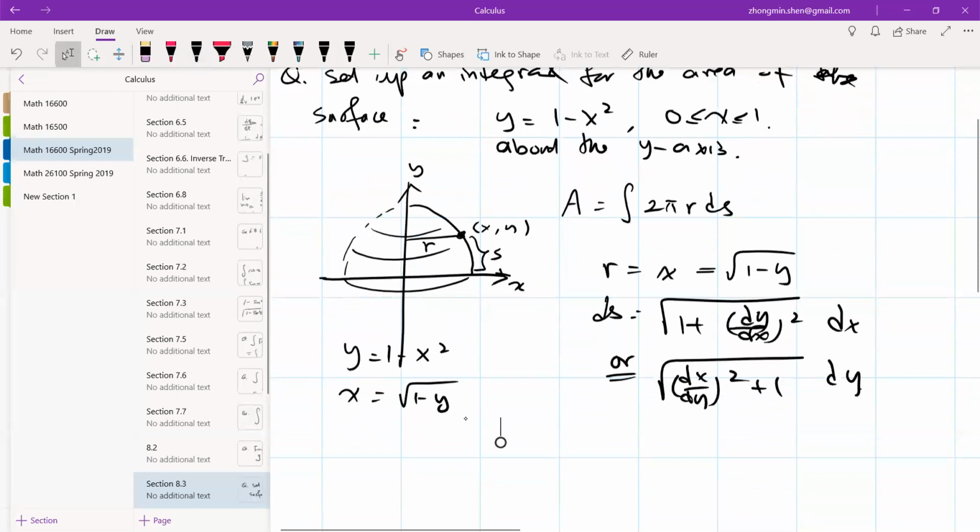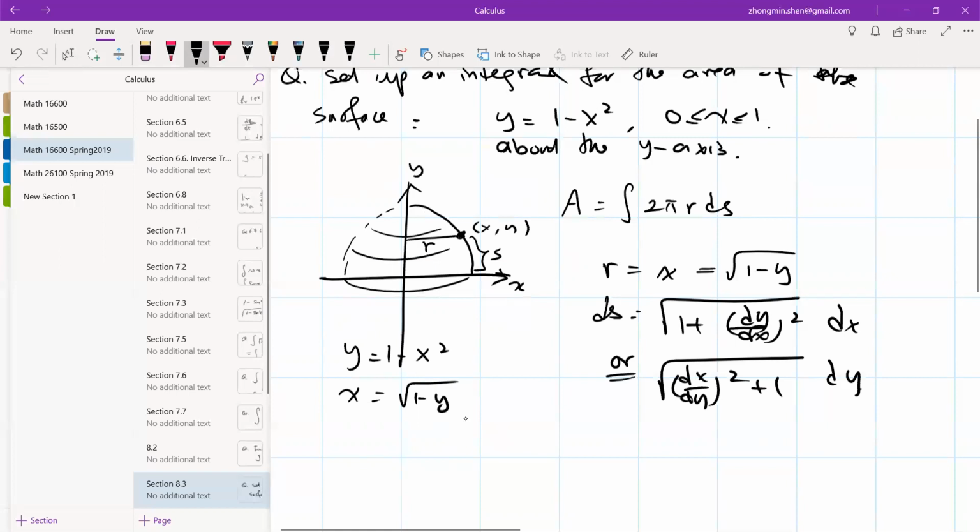So what I'm doing here is, originally this is an integral with respect to the arc length of the curve you use to generate the surface. The formula looks very simple, but it's harder to evaluate. Why is it harder? It's hard to find the relationship between r and s.